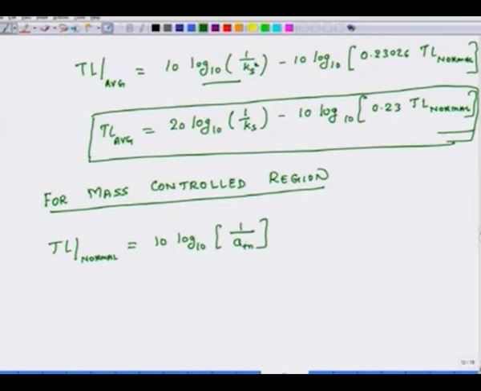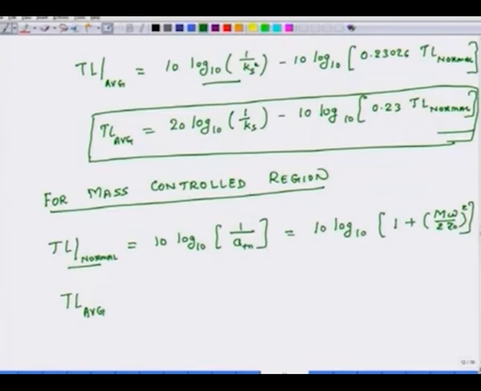And this relationship we had earlier proven is the same as 10 log 10 of 1 plus m omega over 2 z naught, whole thing squared. Now, I want to convert this into TL average for random incidence.